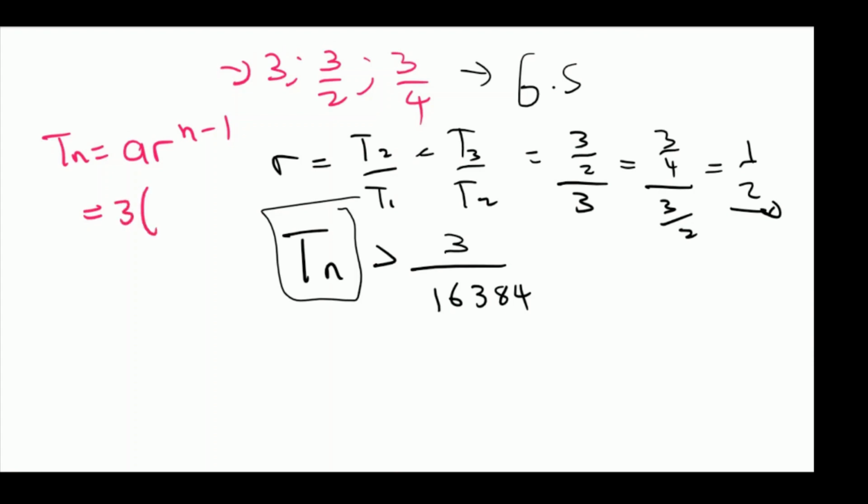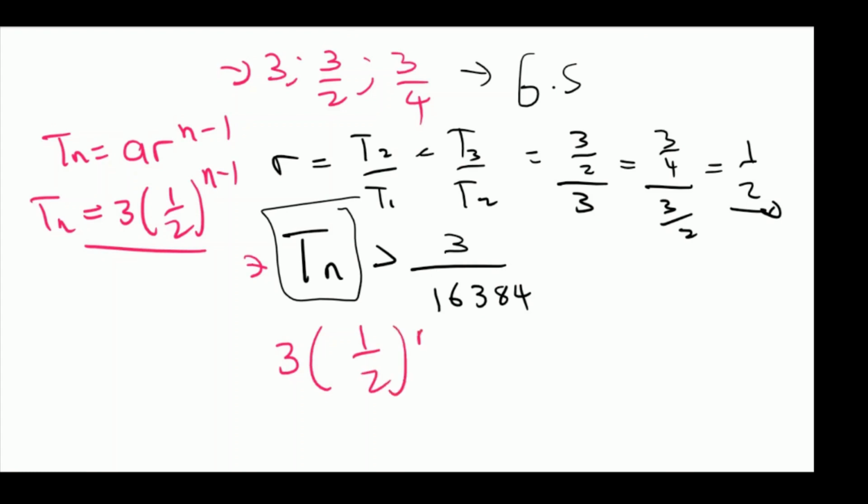So it's going to be 3 into our r, which is 1 over 2, to the power n minus 1. So this is our Tn. We're going to replace it here: 3 into 1 over 2 to the power n minus 1 is greater than 3 over 16384.